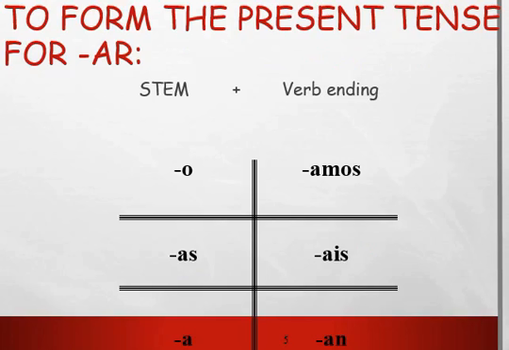What we're going to do with a stem changing verb is to break that verb in half, and we're going to be working with first the ending, and then second the stem. So, just like we've been doing with AR, ER, and IR verbs, we still want to use the appropriate endings. For AR ending verbs, the yo form has an O, the tú form an AS, the él, ella, usted form an A, nosotros has an AMOS, vosotros has an AIS, and ellos, ustedes has an AN ending.